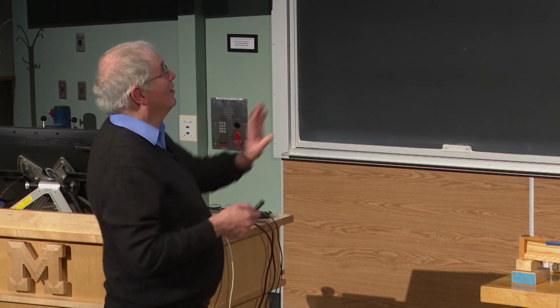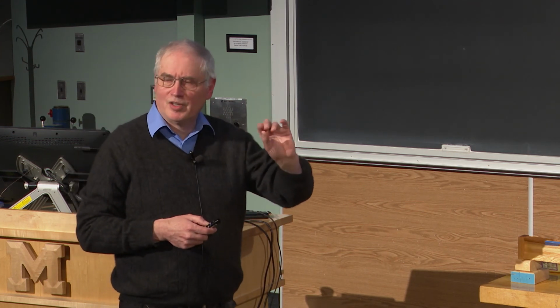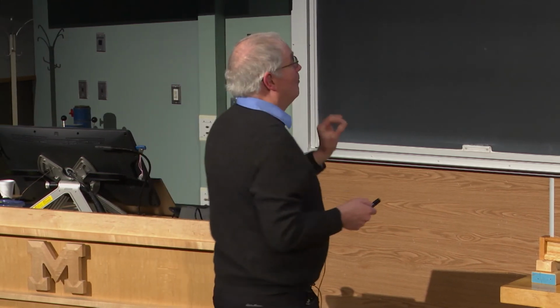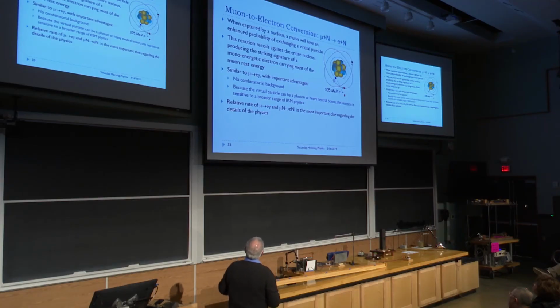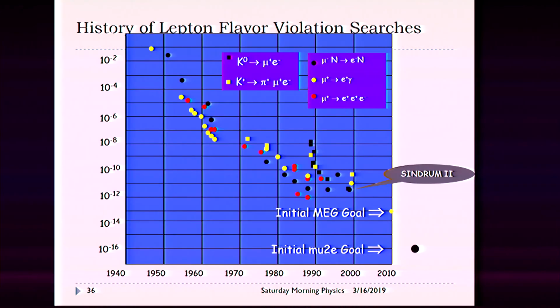Other experiments were done looking for the muon to decay into an electron and photon in free space. That had some nasty backgrounds. So the relative rate of these also can tell us more about what is going on, since this interaction of the muon with the nucleus can occur by other things than photons.